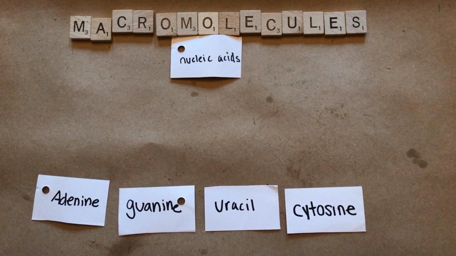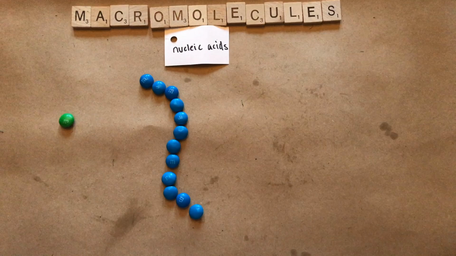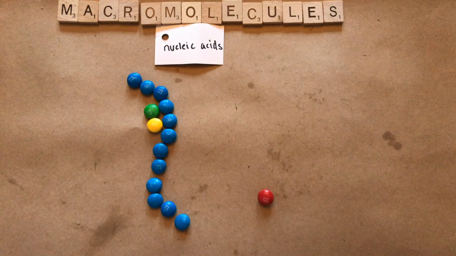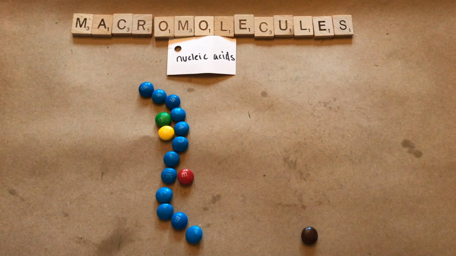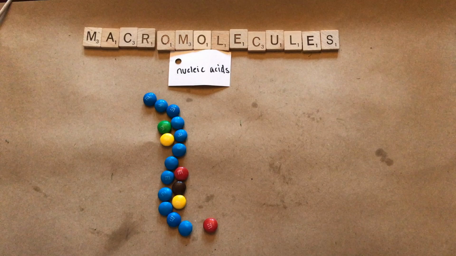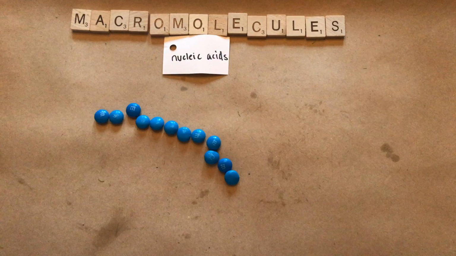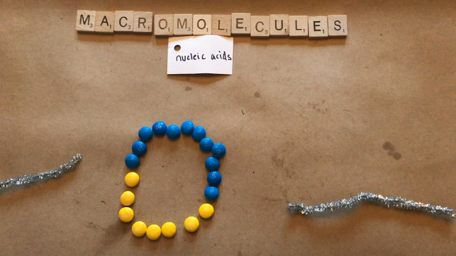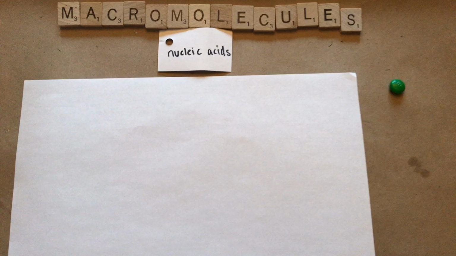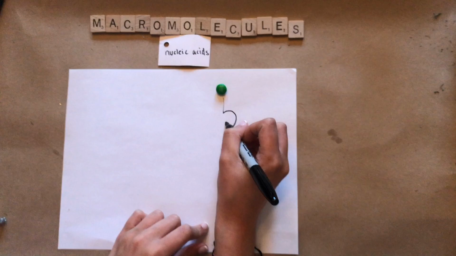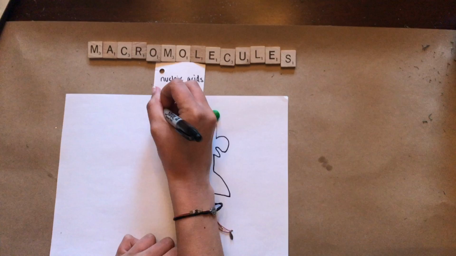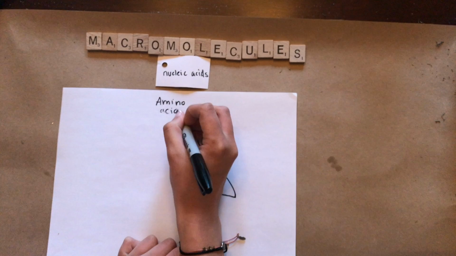Messenger RNA has been transcribed from a strand of DNA in replication. And next, ribosomal RNA is within the ribosomes and regulates protein synthesis. Finally, transfer RNA is folded molecules that transport amino acids from the cytoplasm to the ribosomes.